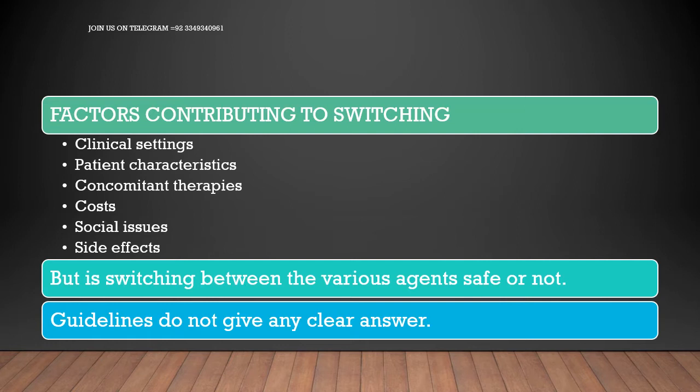In turn, practice guidelines have not fully elaborated on how to switch therapies, leaving clinicians with limited guidance on when and how to switch therapies when needed, which prompted the development of this expert consensus document, which I am using as a reference for my lecture today.